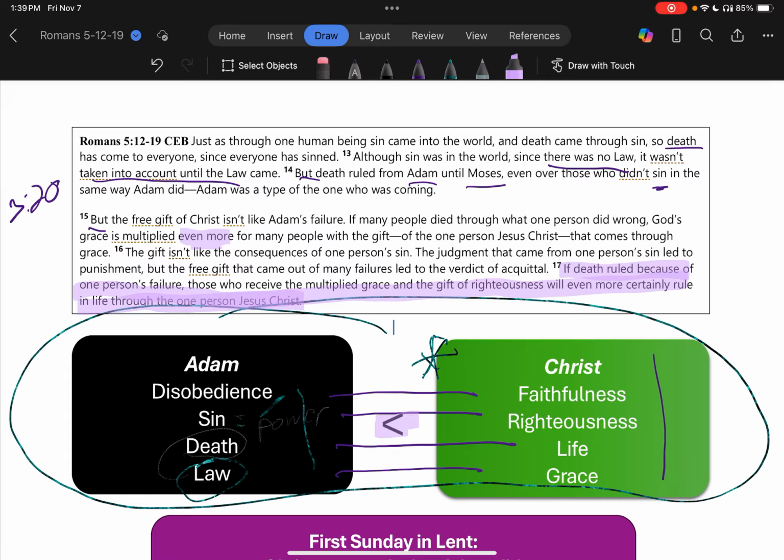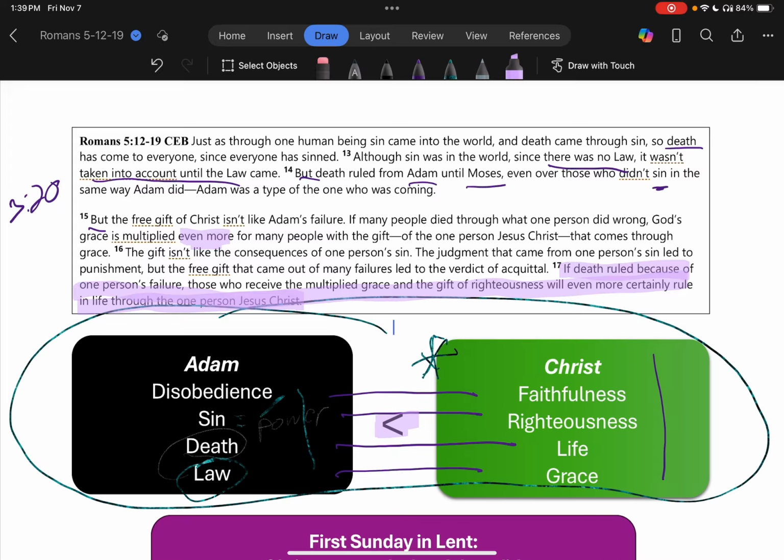That if Adam allowed in the undoing of God's creation, then Christ, who is greater than Adam, right, who is the very Son of God, and as he said back in the very first verses of the epistle in chapter 1, proclaimed to be the Son of God with power by the resurrection of the dead, right? Then all these good things can come through Christ, right?